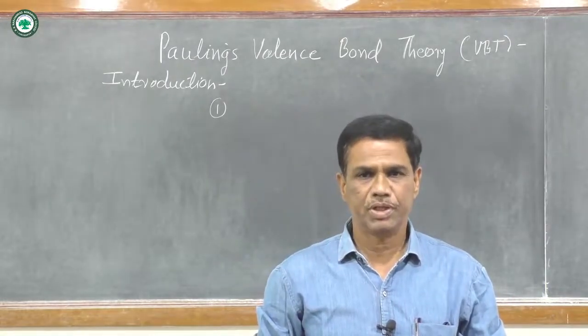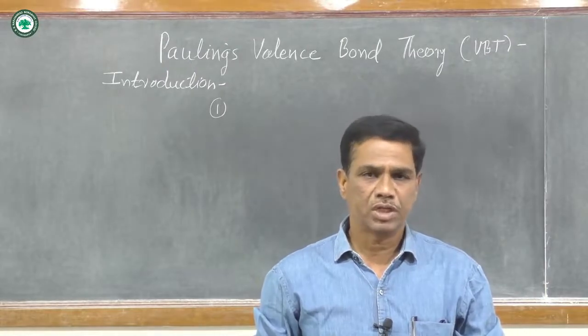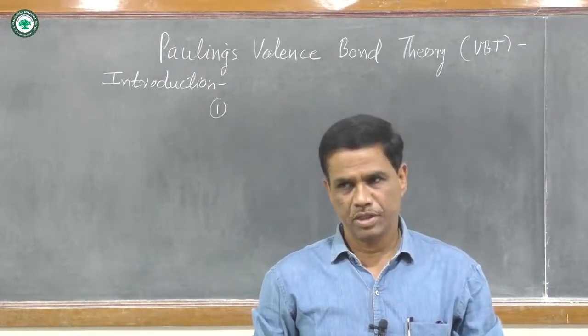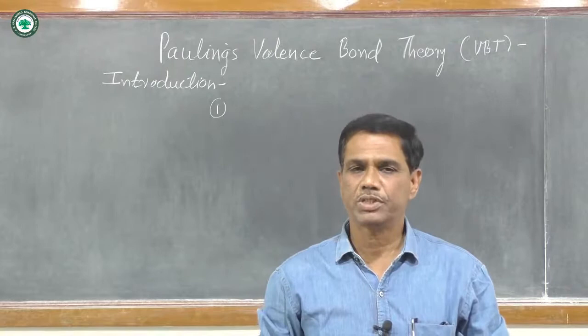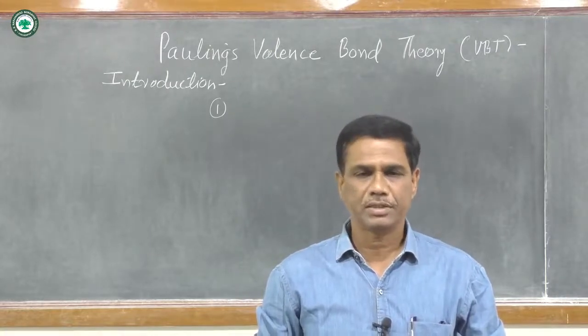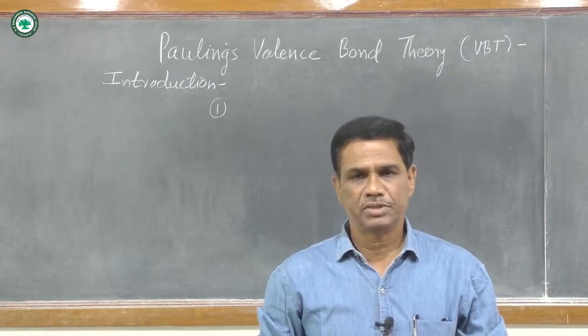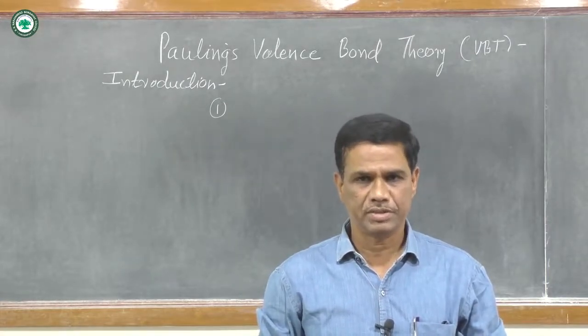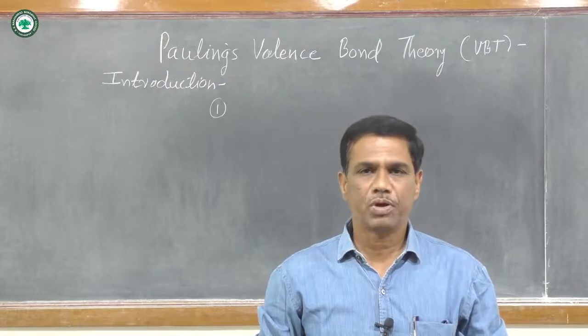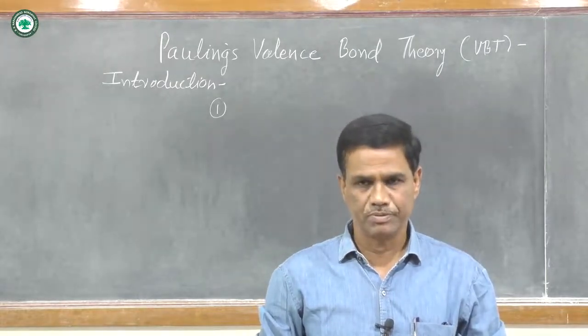It also explains how electrons are donated by ligands and how various types of bonds are formed. Lastly, this theory also explains the hybridizations of various central metal ions and the magnetic properties of complex compounds.